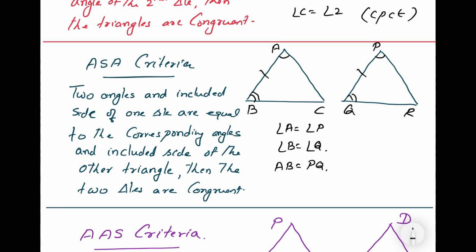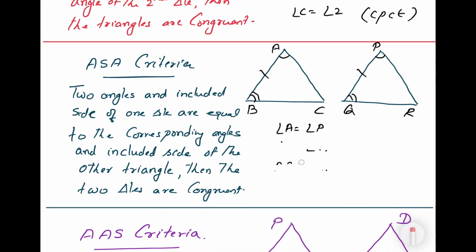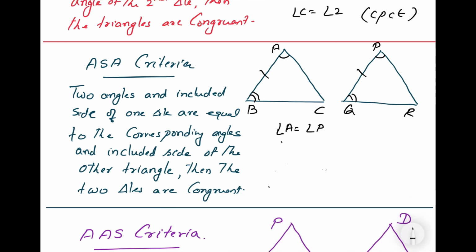So I will rewrite this. I will write angle B equal to angle Q and AB is equal to PQ.